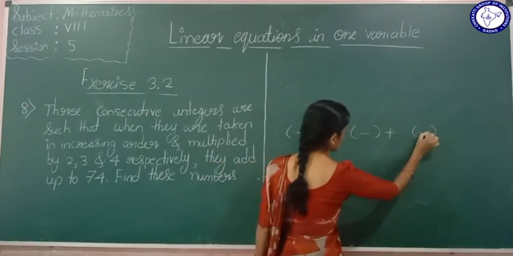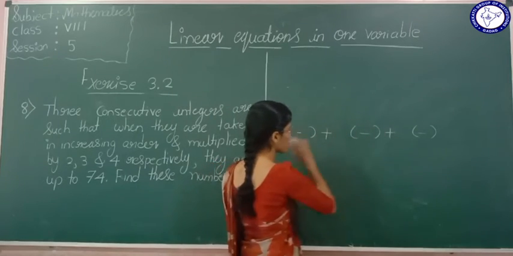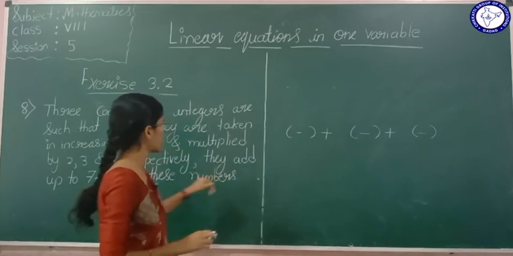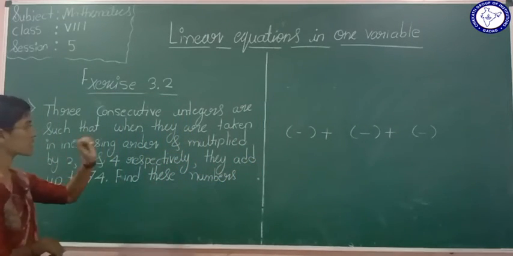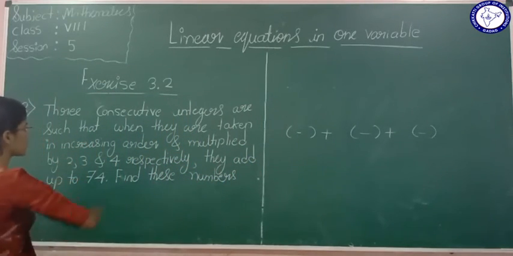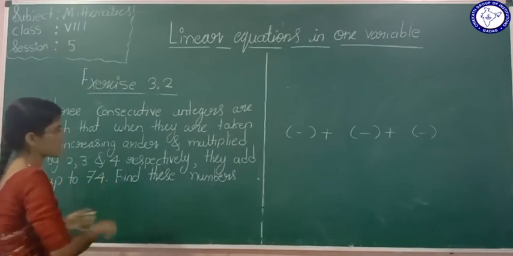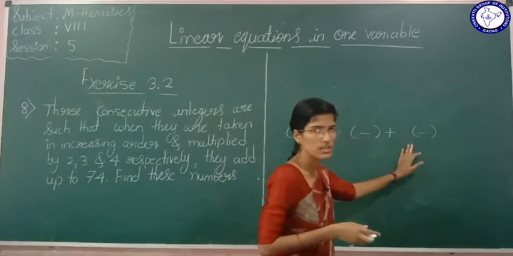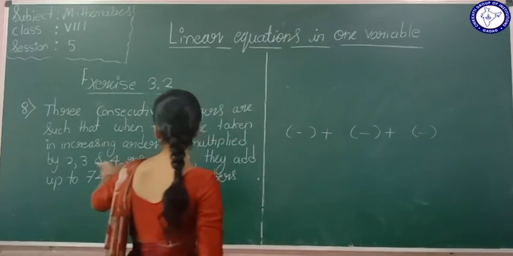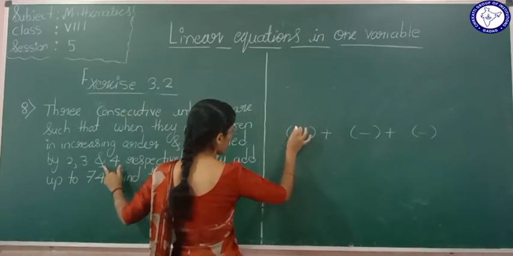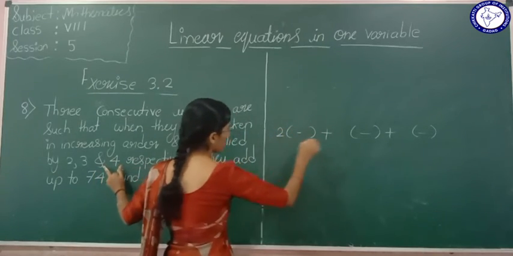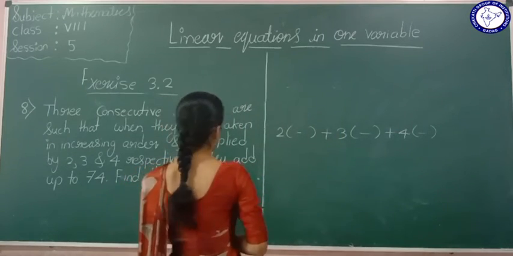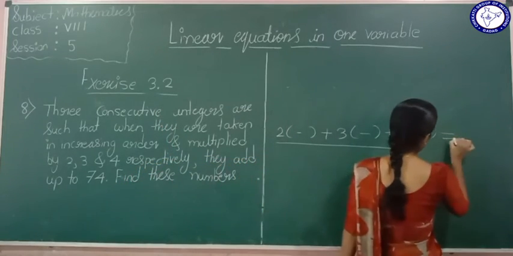Definitely if you take consecutive integers they will be in increasing order, and if I multiply this consecutive integer by 2, 3, 4, the addition is going to be 74.